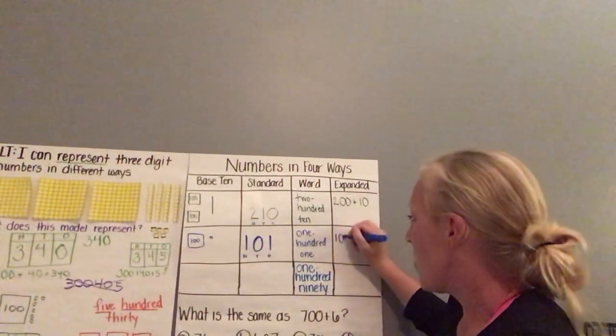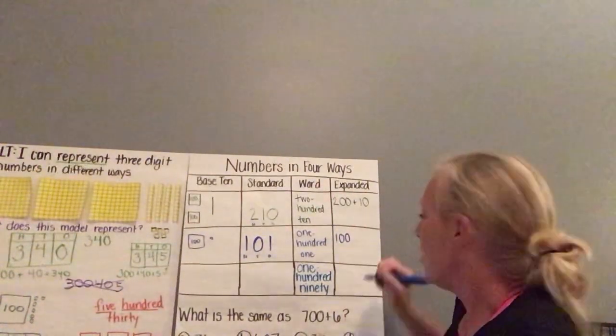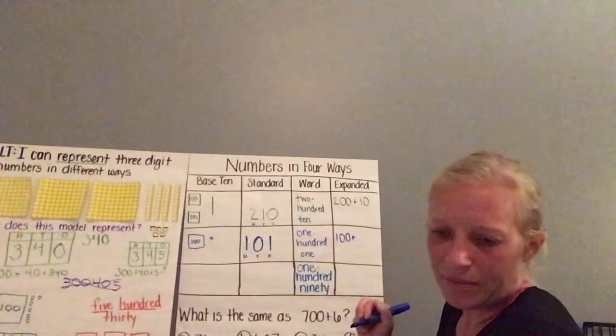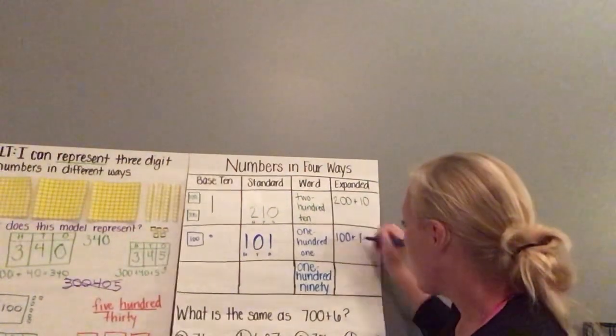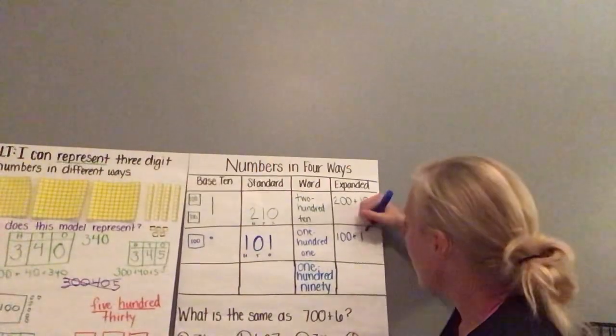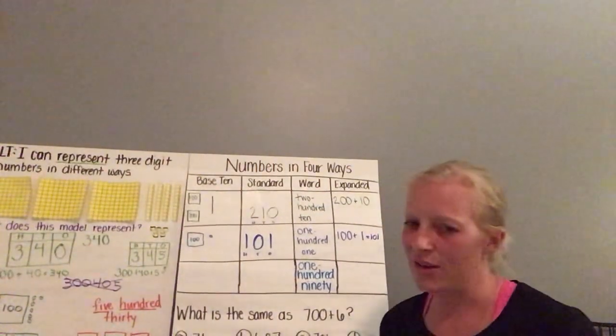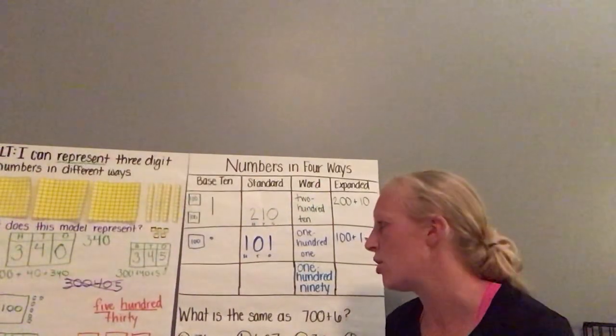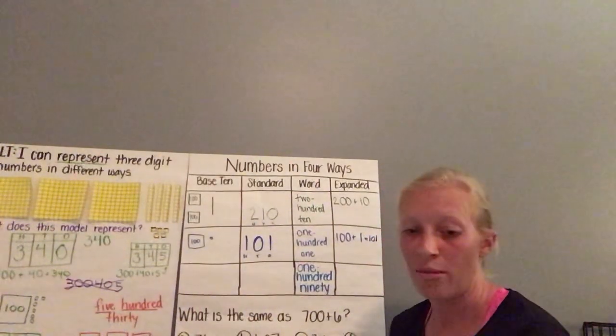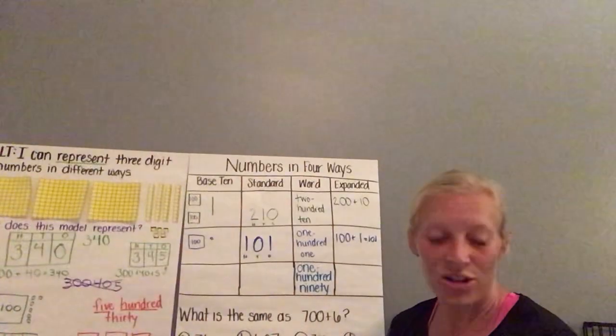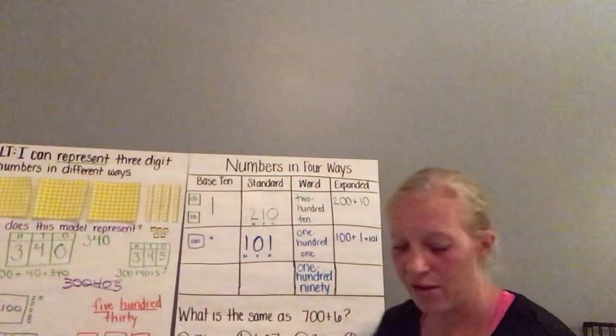I have my 100. I'm not adding any tens, but I'm adding my 1. Very good, and it equals 101. All right, this last one, I'm going to read it to you, and I want you all to draw the picture, the model, write the standard number, and write the expanded form.